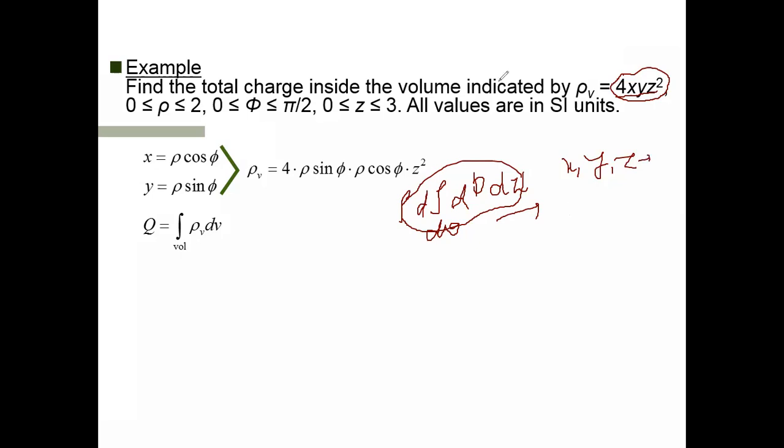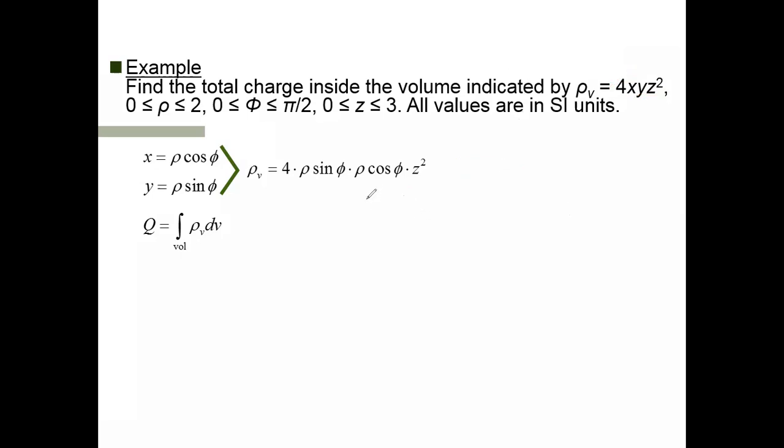How to do this? x equals rho cos phi, y equals rho sin phi, and z equals z. You will substitute this, then put the limits, and then you can integrate.